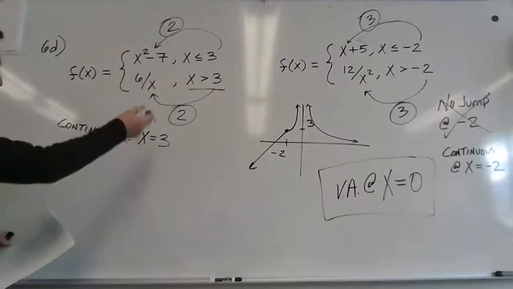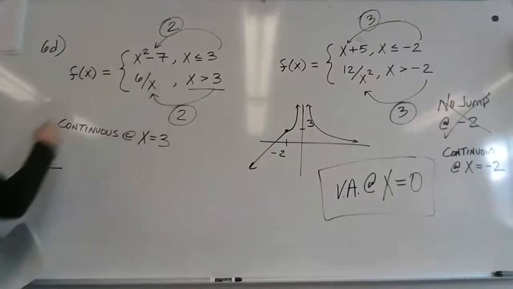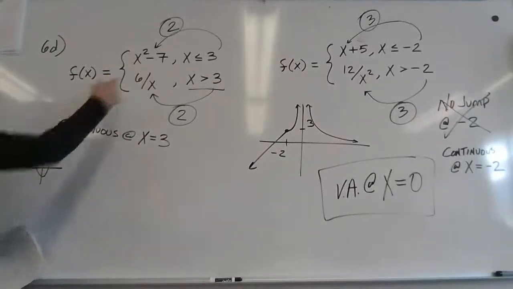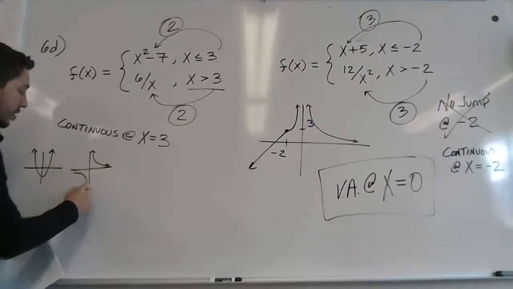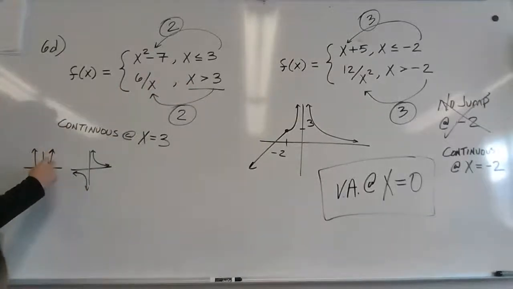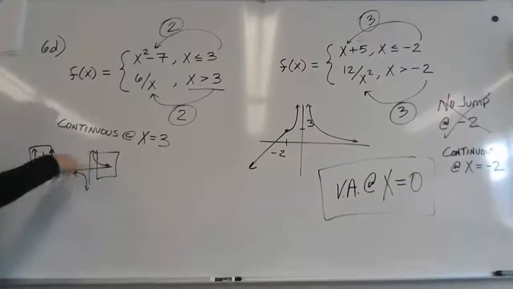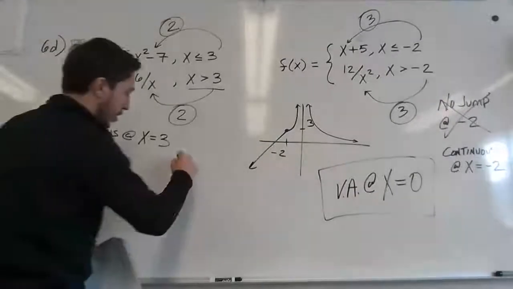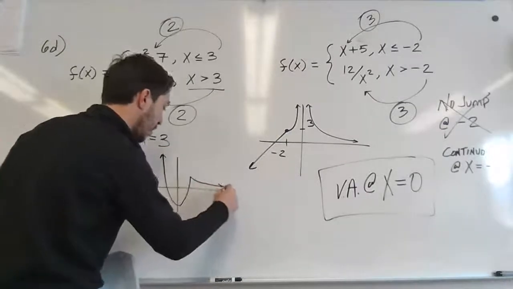So here's why. If I graph this guy by himself, it's a parabola. And if I graph this guy by himself, it's a whoopty-doopty. But think of where I'm chopping them. I'm chopping them at 3. So I'm getting basically the left part of this parabola and the right part of the other, and I'm missing out on the asymptote. So the overall graph would look like this. It's just continuous.